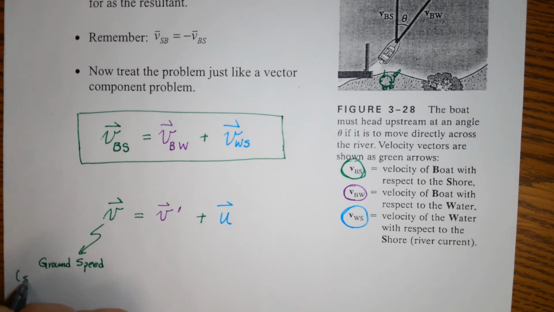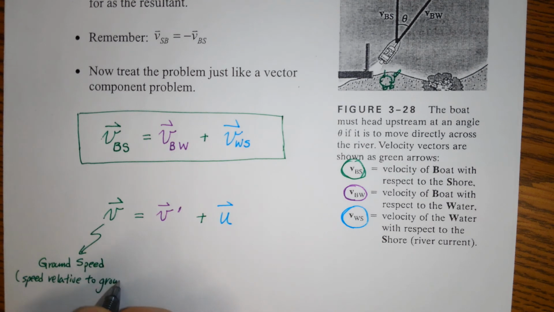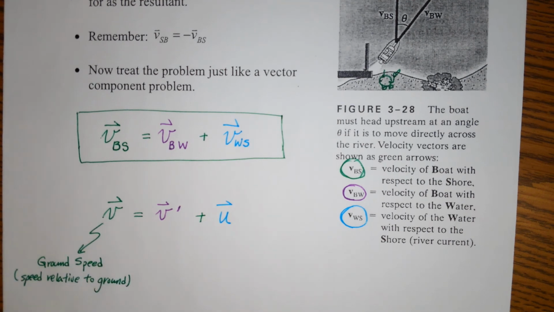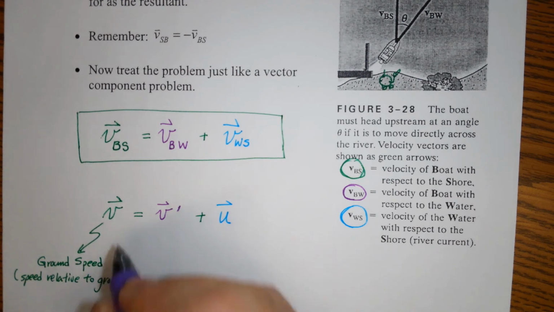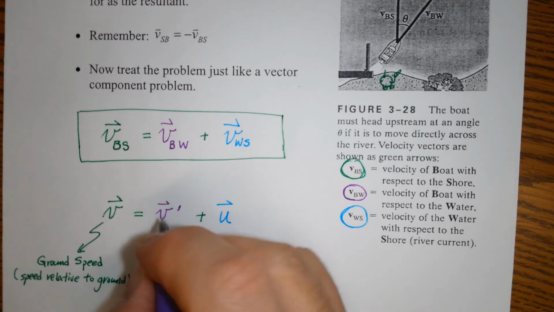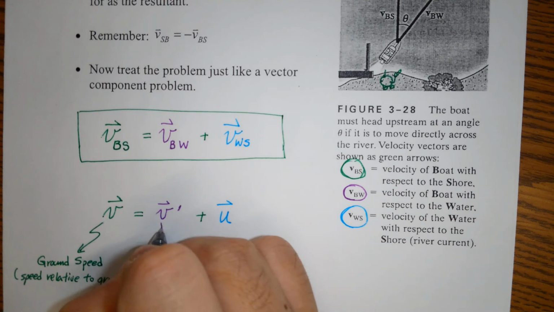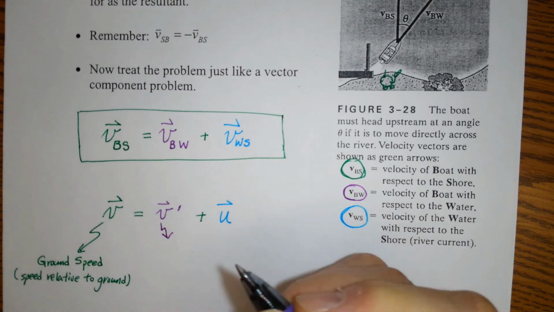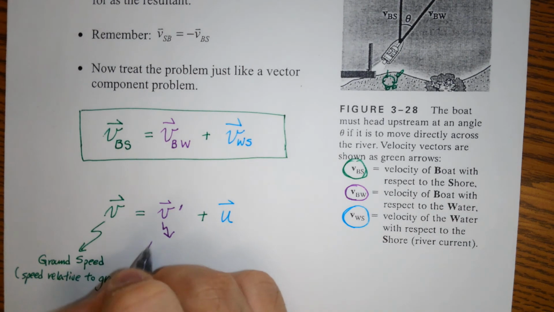So this V prime is known as the airspeed.